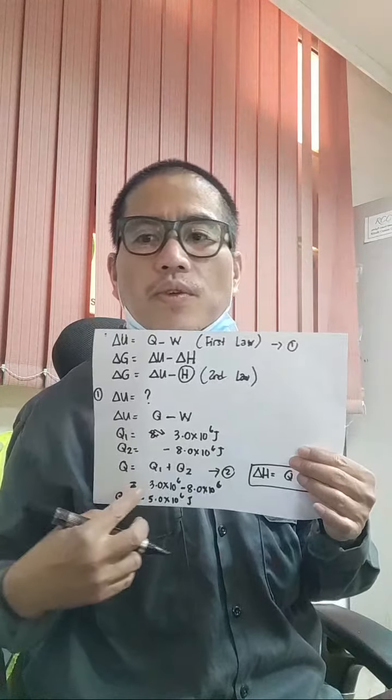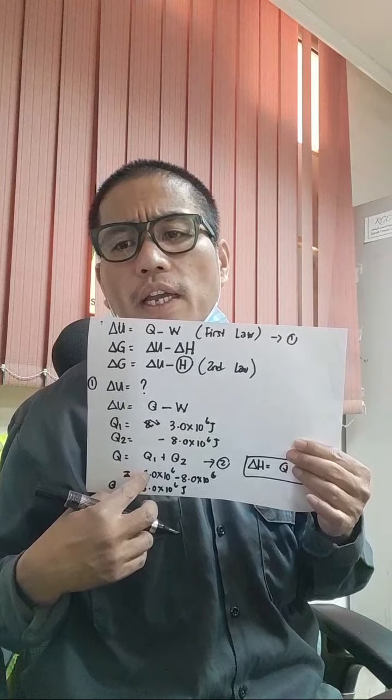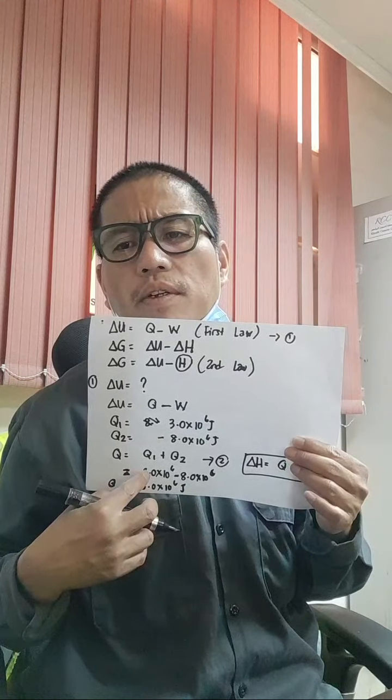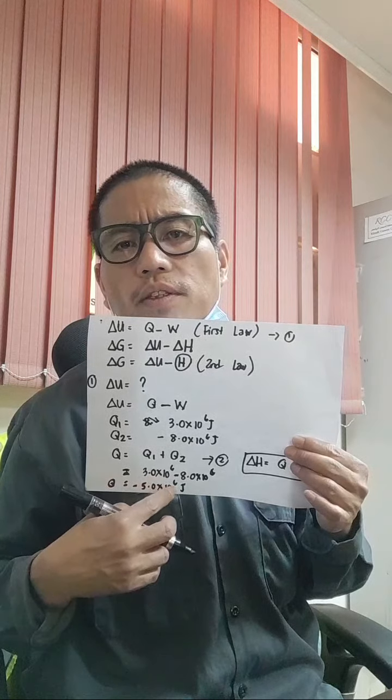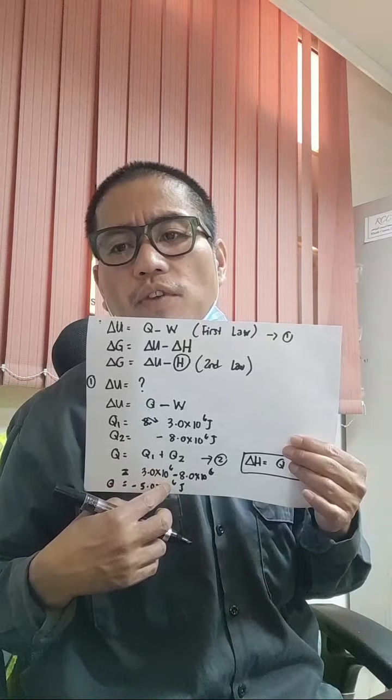So we have negative 5 times 10 to the 6 joules. Q1 is 3 times 10 to the 6 joules, and the other one is 8 times 10 to the 6 joules transferred to the environment.